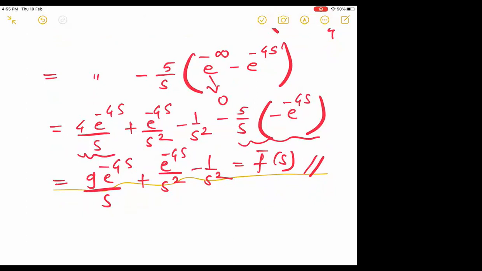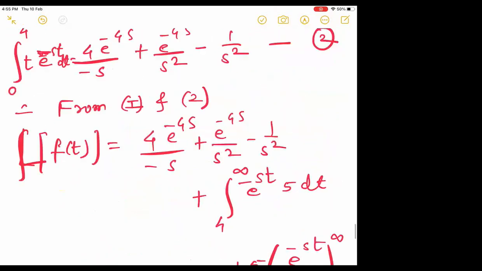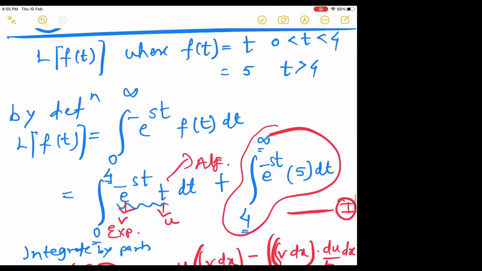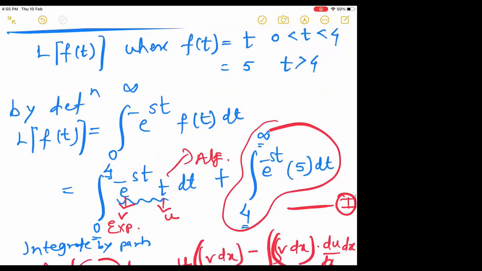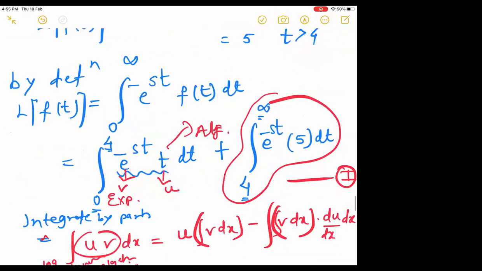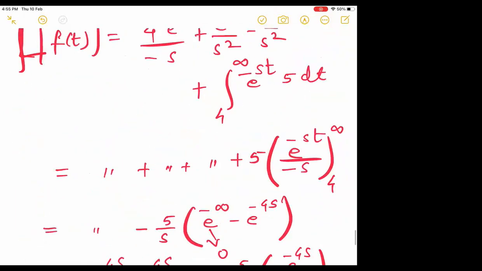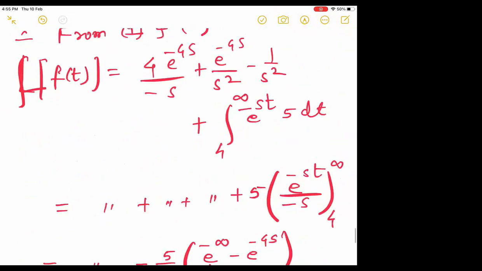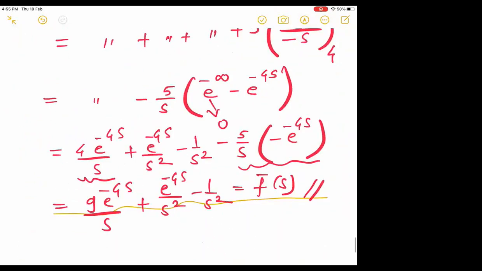I think it should be 4 e raised to minus 4s divided by minus s. I have taken it minus s only, no? Then in the last calculation, it will be only e raised to minus 4s. Oh, here, okay. I have written it only. So here, yes, this is minus s.